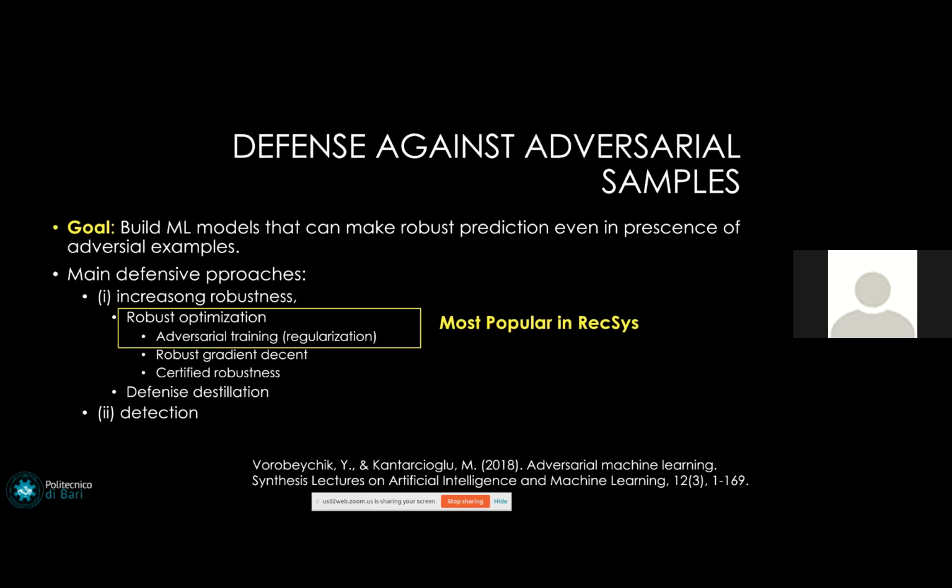We are going to focus on the first part, increasing robustness, and on that we are going to talk about robust optimization. In particular, robust optimization can be classified into adversarial training, robust gradient descent, and certified robustness, where adversarial training or adversarial regularization is the main, or the only popular, approach in RecSys, so that will be the main focus of our talk. However, readers can find these very interesting lecture notes for further information on the application of these techniques in a general machine learning setting.